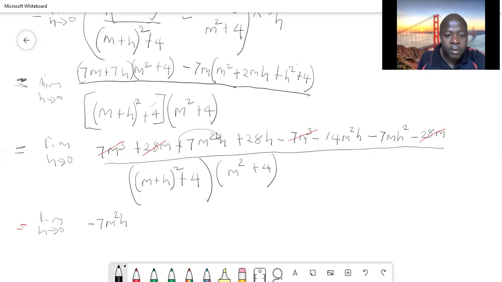So we are done with this and this. We are left with 28h, and then there's a negative 7mh squared over the denominator, still the same denominator, m plus h squared plus 4, everything multiplied by m squared plus 4.